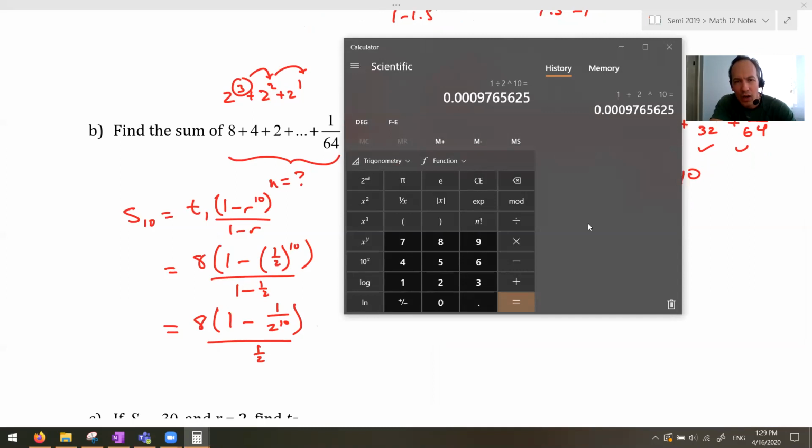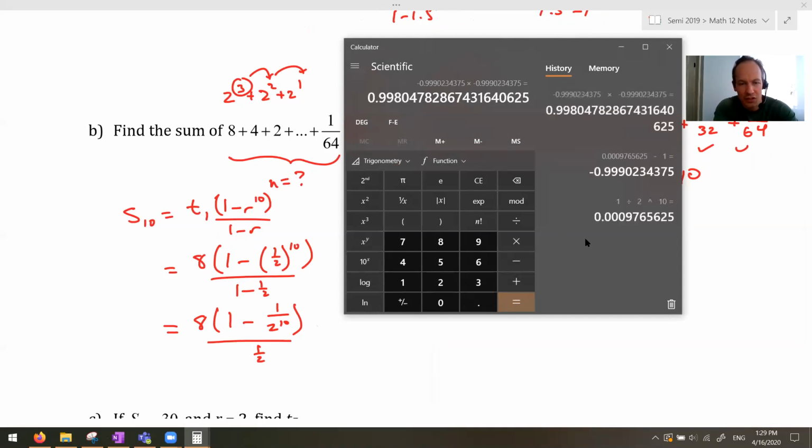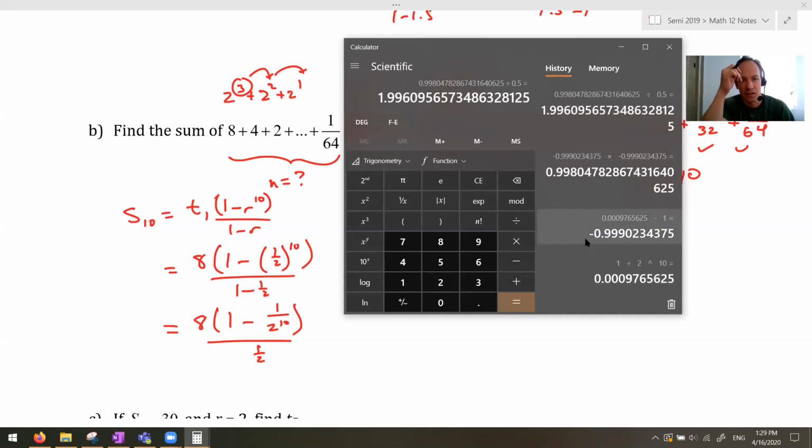And I'm going to go minus 1 here, and then times that by 8, and I switched the order around there, so I'm going to divide it by 0.5.